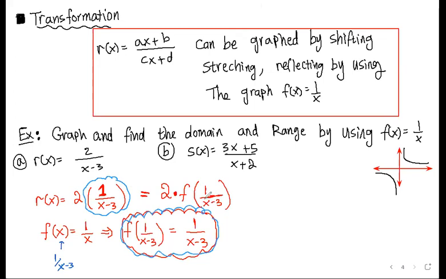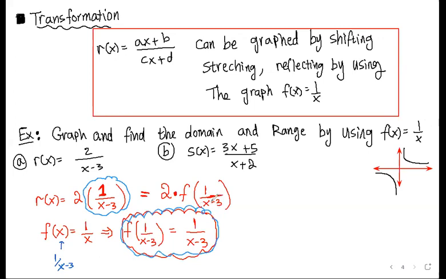We have to try to make this function r of x equal something times f of x. Now, when we do this, I can graph the function r of x using the transformation. The minus 3 is inside the function, and we multiply by 2.